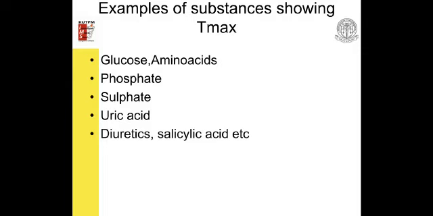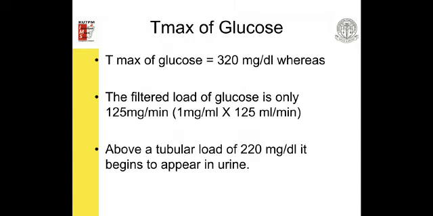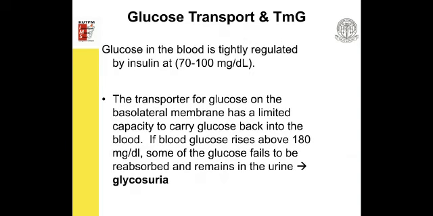So glucose, amino acids, phosphate, sulfate, uric acid, diuretics and salicylic acid are all examples showing tubular maximum. The tubular maximum for glucose is 320 mg per minute, whereas the filtered load of glucose is only 125 mg per minute, that is 1 mg per ml into 125. Above a tubular load of 220, it begins to appear in the urine.